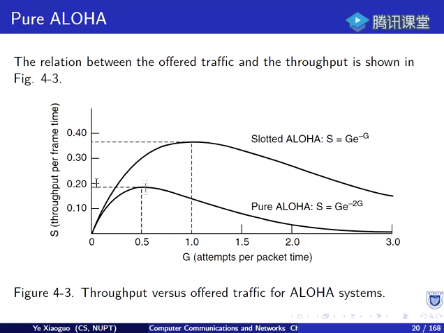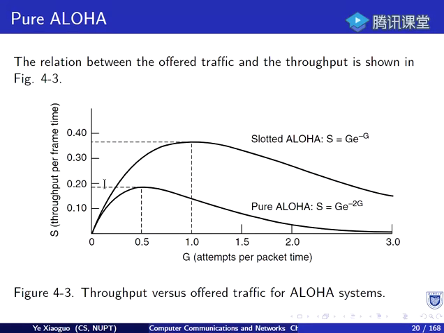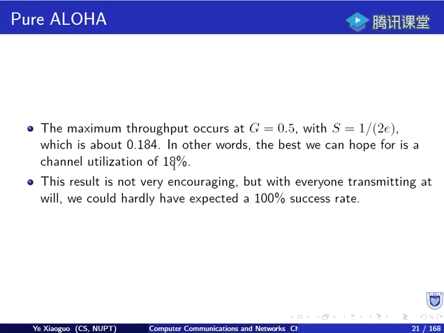Nearly 20%. Exactly this 18%. So the maximum throughput occurs when G is 0.5, then S is about 0.184.